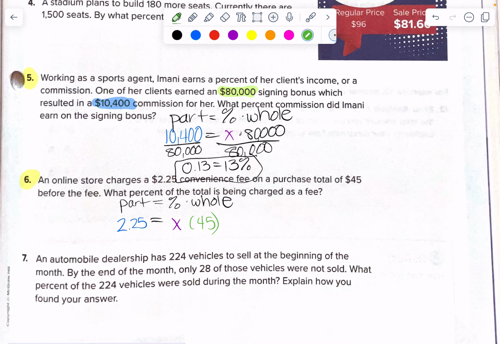So to figure out 45 times what equals $2.25, I can divide 2.25 by 45. And I'm going to get x equals 0.05. Remember, this is the decimal form, so I move my decimal over 2 places to the right to get 5%.